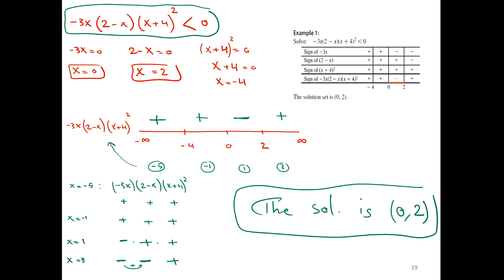Yes, negative, because we need to find where this formula is less than 0. So we need to find the x that makes this formula less than 0. So this is negative. Any question?